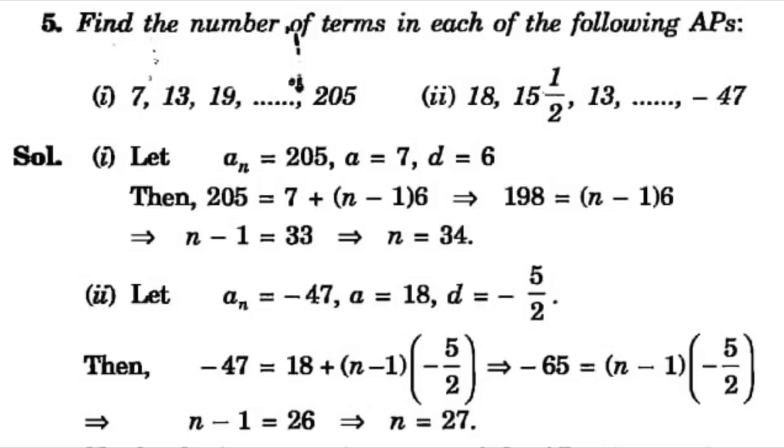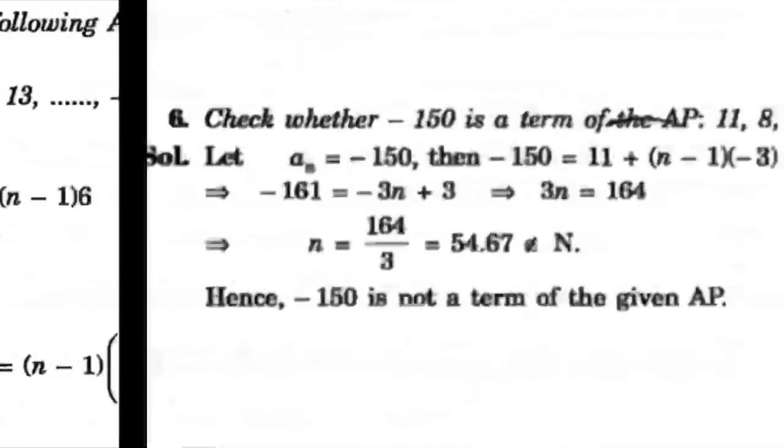So in the second part, the number of terms is 27. In this question also, when we use the formula for an is equal to a plus n minus 1 into d, an is given, a is given, d is given, only n is missing. So we have to replace the given values and solve the equation for n.